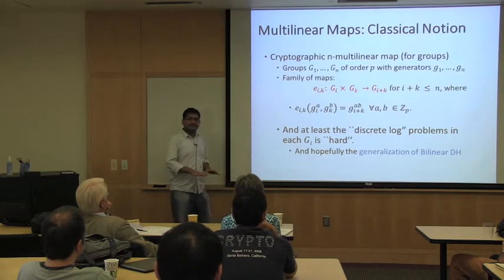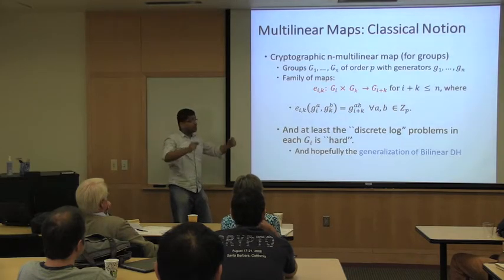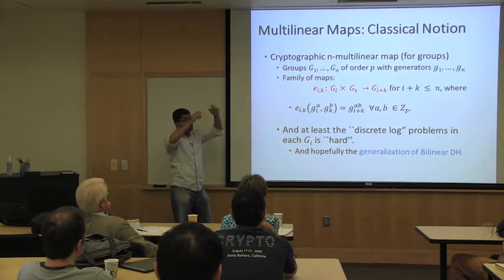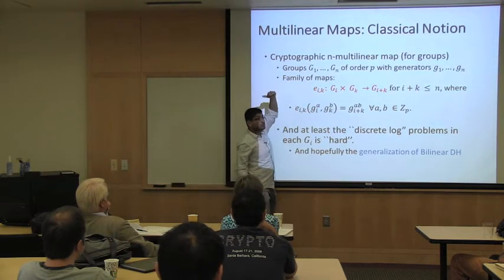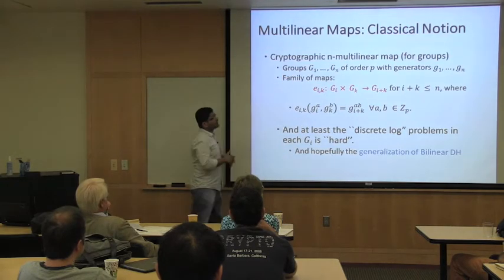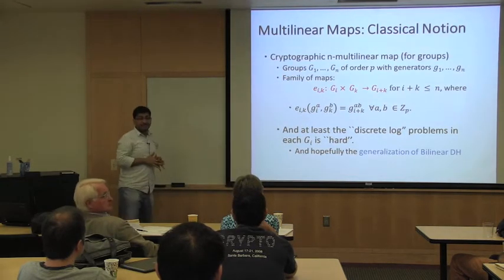So think of it as a layered structure. You have G1, G2, G3, and so on up till Gn. And you can pair two elements from G1 and go to G2. You can pair an element from G2 and G1 and go to G3. Or you could map two elements from G2 and G2 itself and go to G4. You can keep doing it as long as you don't hit the ceiling, the ceiling being the level of multilinearity, that being n in our case.